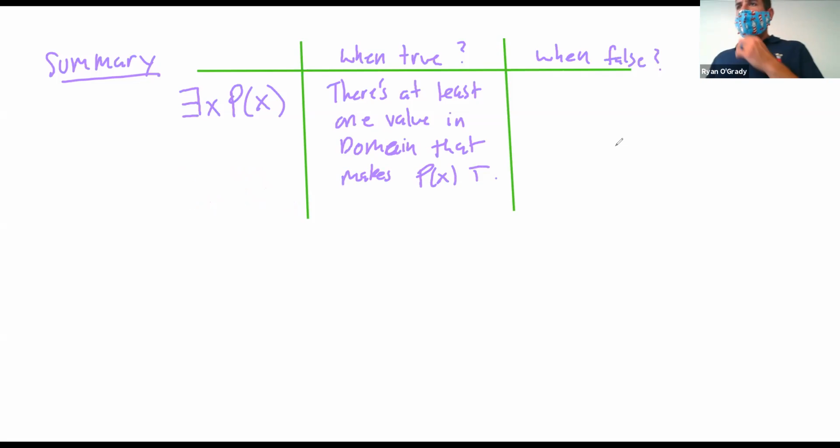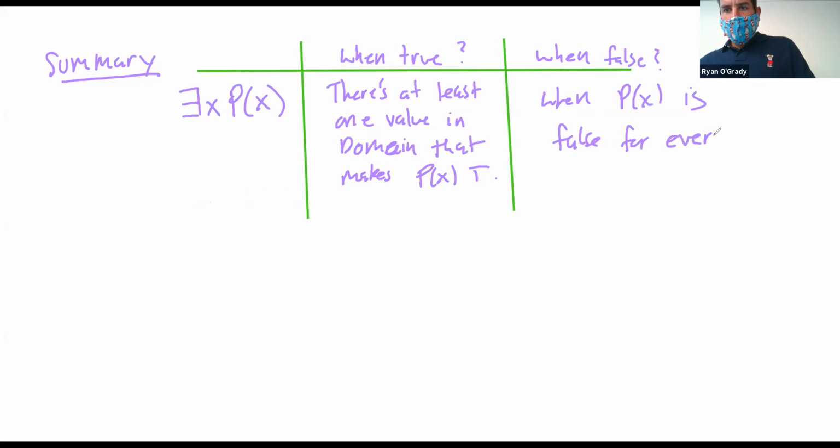And then when would it be false? It's only false when P of x is false for every x. And then of course we would imagine that the reverse would be true for the universal one.